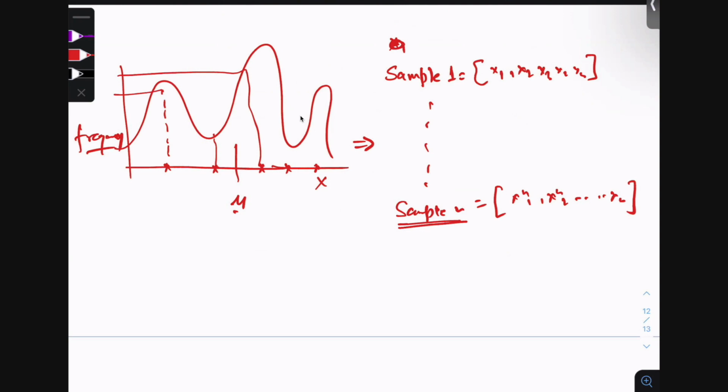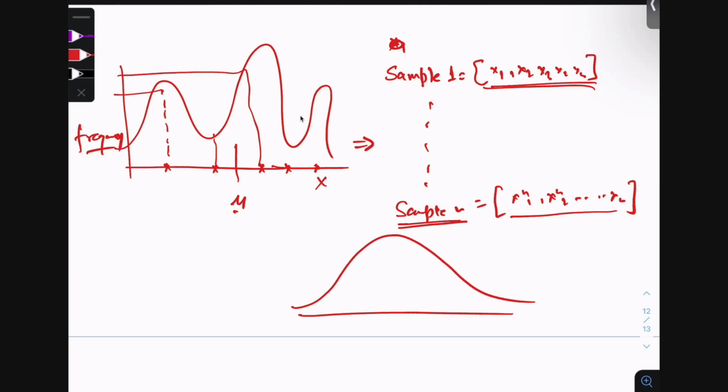What do you mean by sample statistic? Let's say I am plotting the mean of these samples, the sample means, over here. My first sample mean resulted over here, my second over here, third, fourth, fifth.